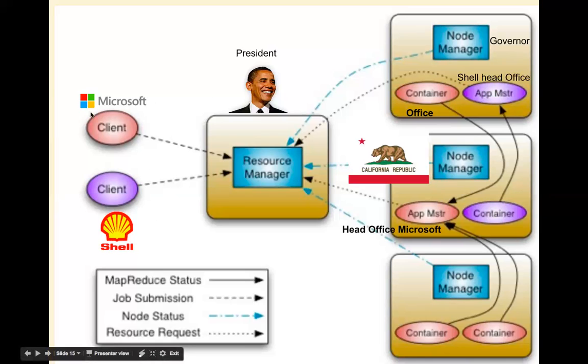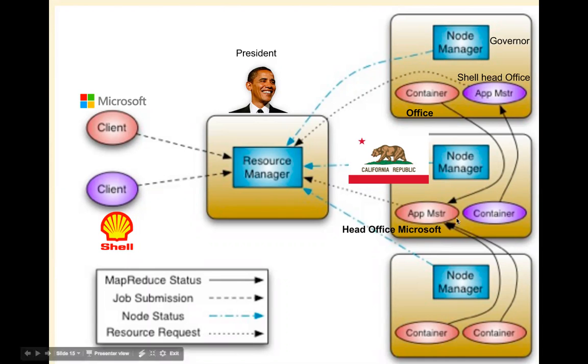So a client such as Microsoft goes to the president and says, hey, we would like our offices to be established. The president will say, let's do it this way: instead of you going through me every time, or seeking a visa every time to come to our country to discuss, why don't you establish a head office? You can see this is the head office for Microsoft.